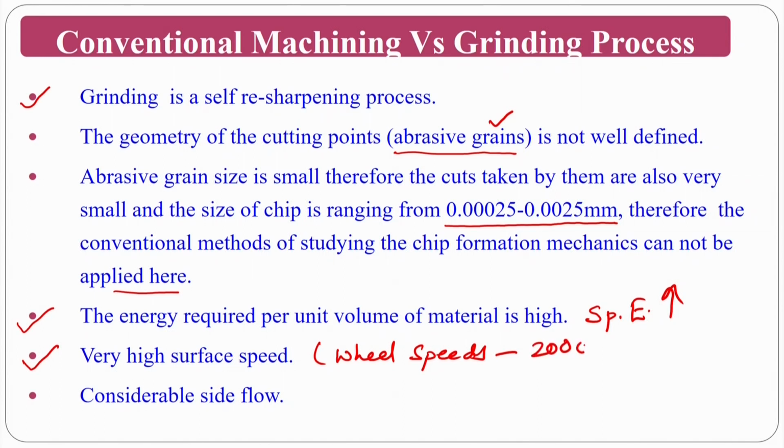But in a lathe and other conventional machining processes, the RPM of the workpiece may not go more than 2000 or so. Here it goes approximately 5000 to 8000. So considerable side flow will be there because smearing action will be taking place.